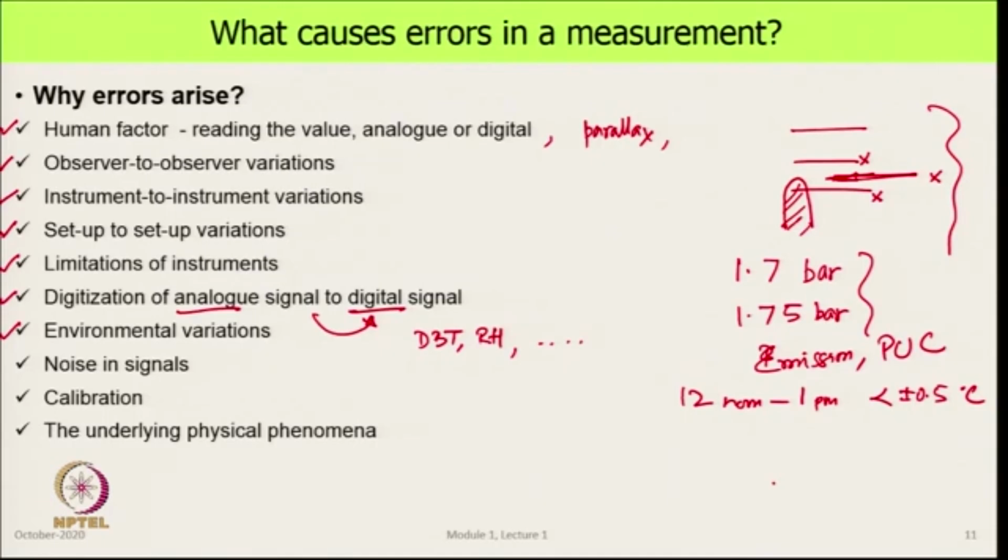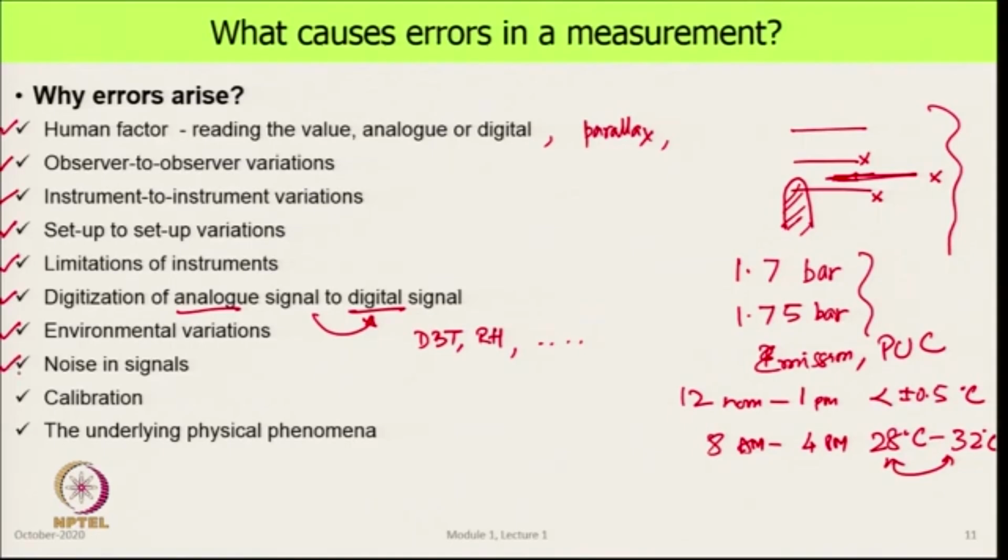But if you want to do an experiment over a longer time, and you start at 8 a.m. and continue the experiment till 4 p.m., assuming that the air temperature is constant, then you could be making a big error. At 8 a.m. the temperature may be, say, 28 degrees Celsius, and at 4 p.m. it might be, say, 32 degrees Celsius or 40 degrees Celsius. In between, it has gone through a much bigger variation. So, the error is coming in.